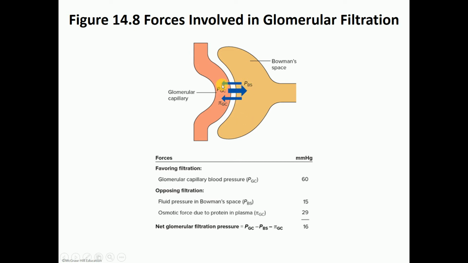The main pressure here is the glomerular hydrostatic pressure, and that favors filtration. Filtration will be in the direction from the glomerular capillary into the space. And the pressure that favors filtration is the hydrostatic pressure of the glomerular capillaries.